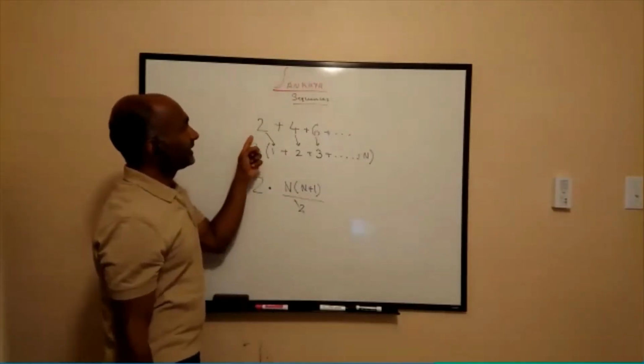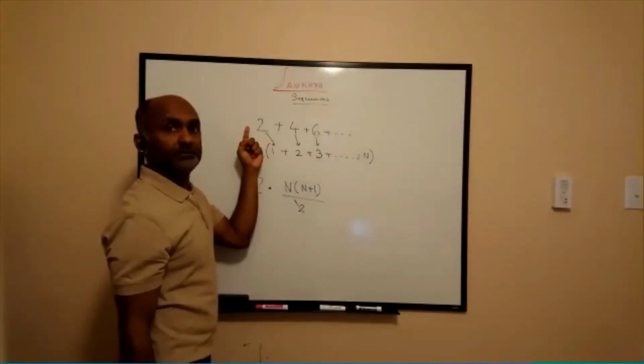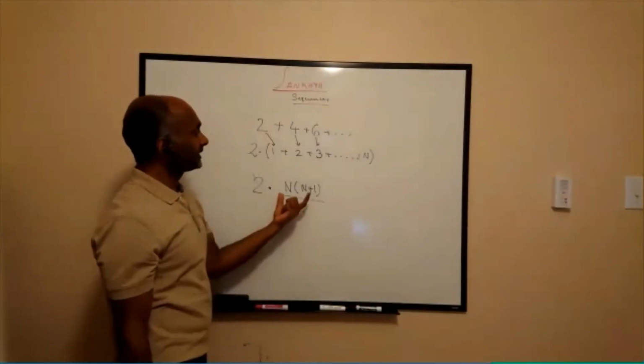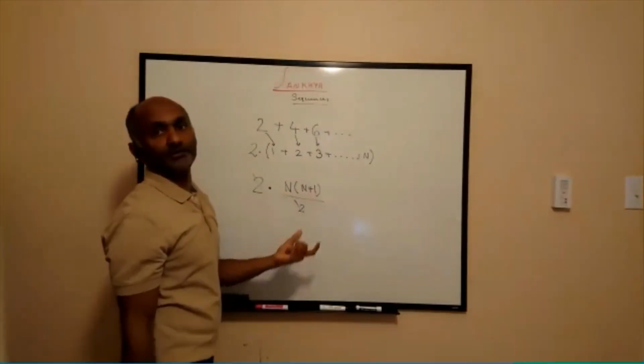So the sum of numbers starting from 2 to something like n is nothing but n times n plus 1.